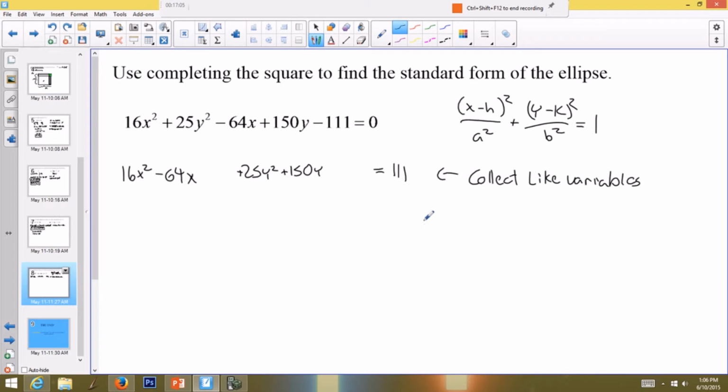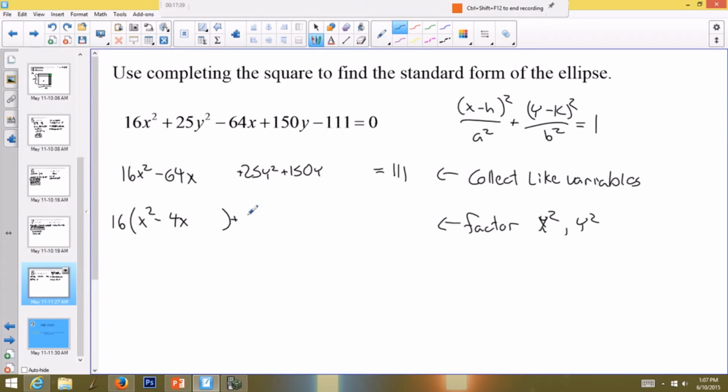Okay, awesome so far. So now I want to factor so that I can get just 1x squared and 1y squared. So I've got to factor out a 16. When I divide 16x squared by 16, I get just x squared. And when I divide 64 by 16, I get just minus 4x.